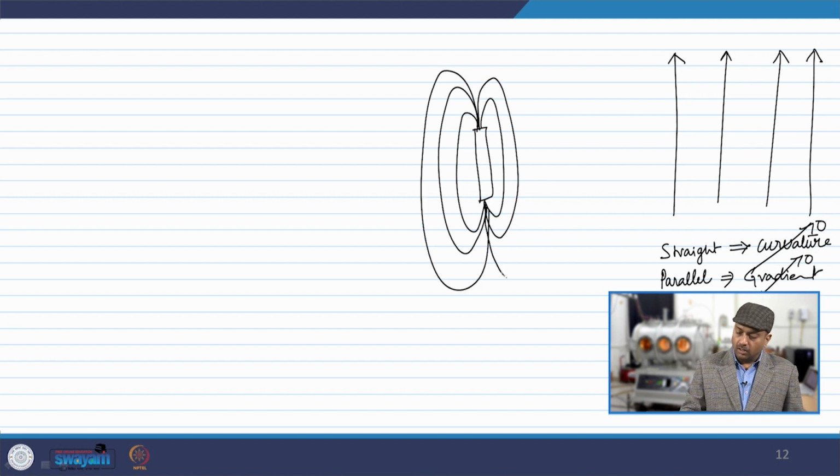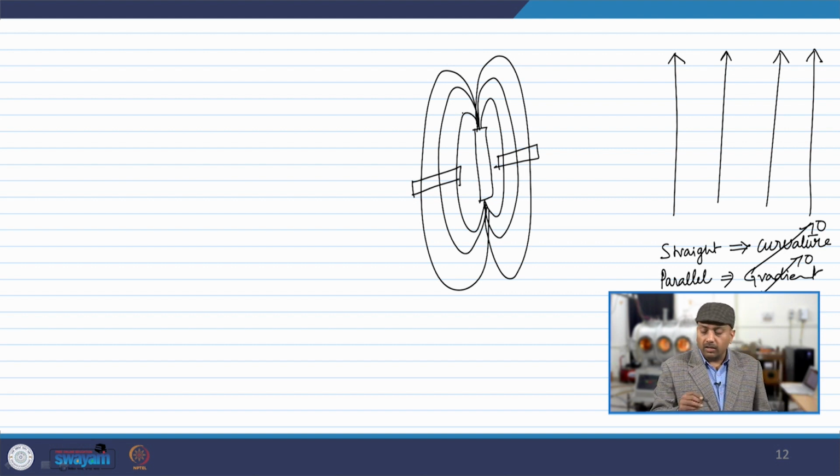The magnetic field lines are curved, of course, and they are parallel only over a very small distance, which is also imaginary, but otherwise they are always curved and non-parallel. These are the basic characteristics of a magnetic field, but we are ruling out both of them. Let us consider a magnetic field in which the lines of force are straight and at the same time parallel in nature.